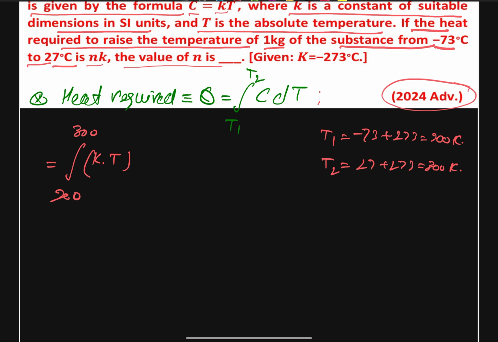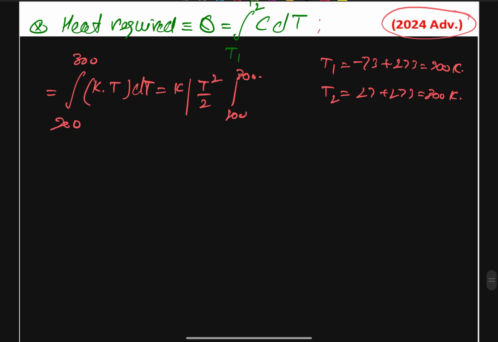And C we know is K times T, and dT. Now it is simple integration. K is our constant, so this comes as T square upon 2, from 200 to 300, and this comes as K upon 2.